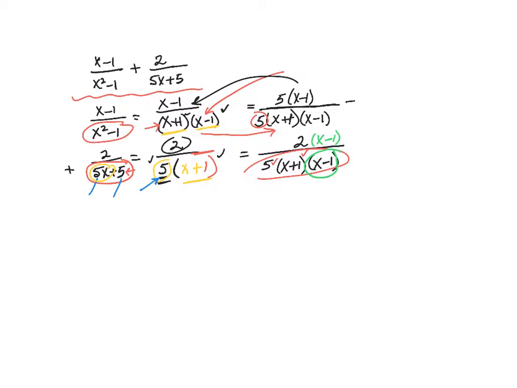All right, now we're going to distribute. We are going to say 5x minus 5, distributing like so, over all of that denominator. Let's make sure that really looks like an x.